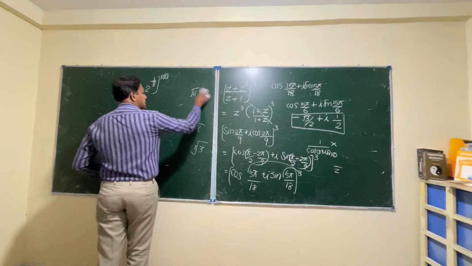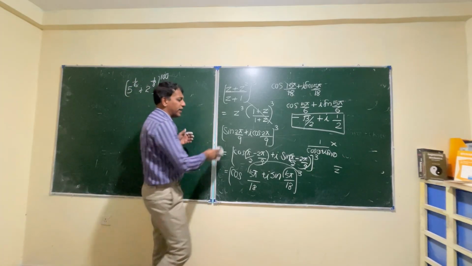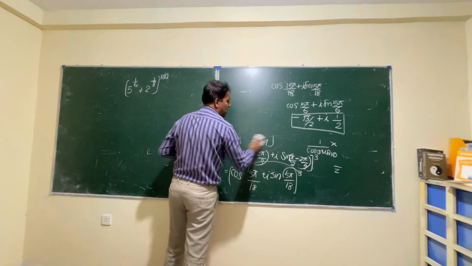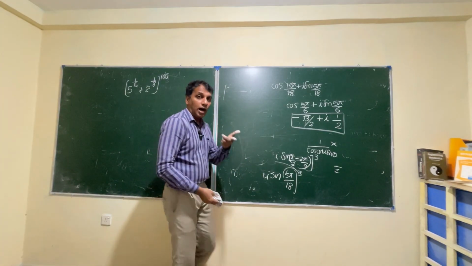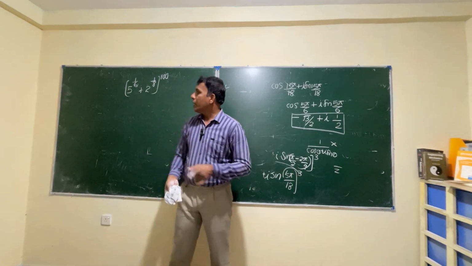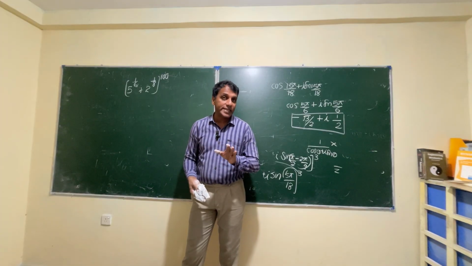So dear students, in such a binomial problem, find the highest coefficient, find the highest terms, how many terms are there, how many odd terms, how many even terms, or how many rational or irrational. The idea is that we have to write the general term.